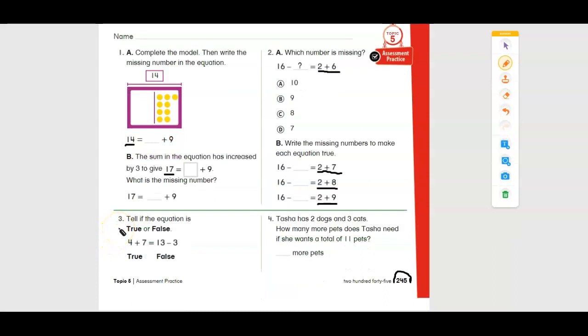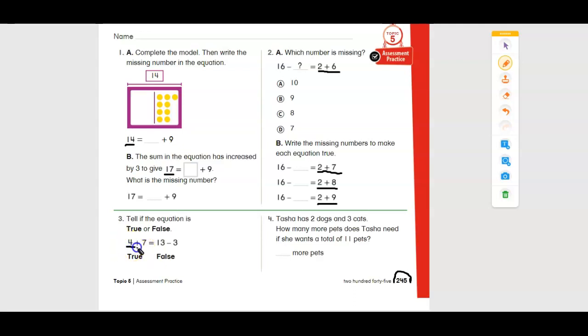On number 3, it says, tell if the equation is true or false. Remember, if an equation is true, it means both answers to the equations, so both numbers on either side of the equal sign are the same. They are true, and if they are not the same, then it is false.